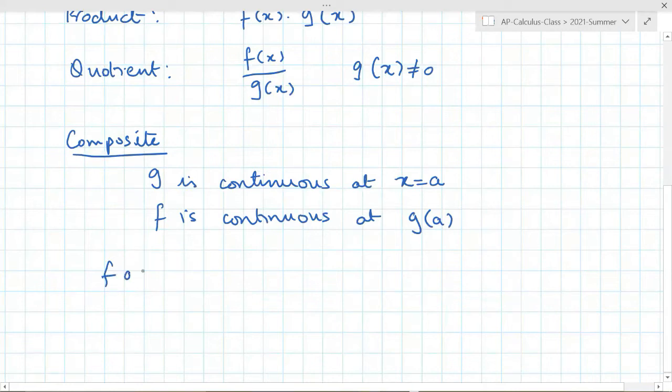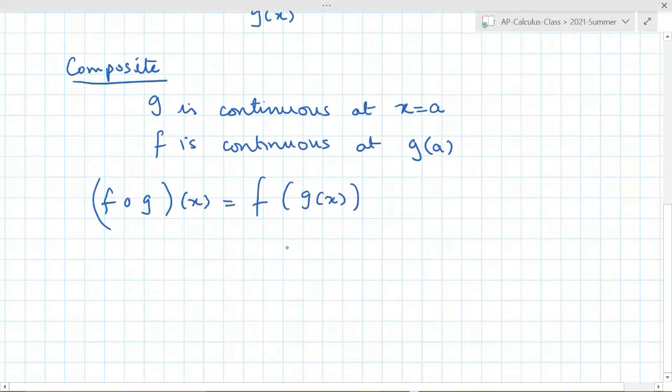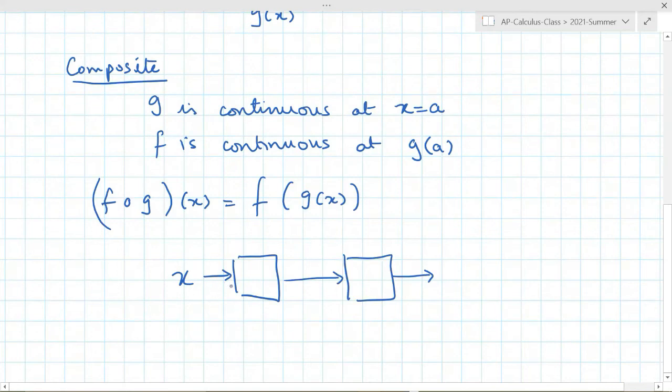So f of g of x, right? Which means f of g of x. What does that mean? First we have to compute this, right? So x goes into g and then it gets g of x out, right? G of x is going into f, right? F of g of x, right?